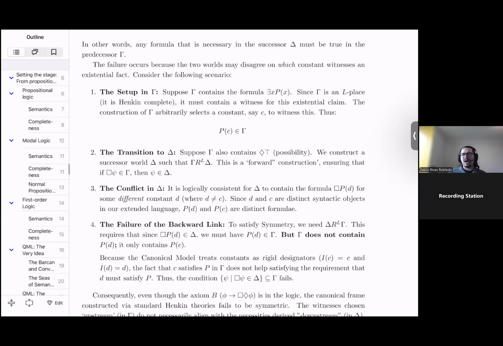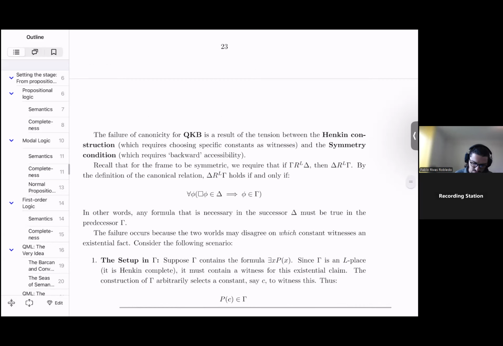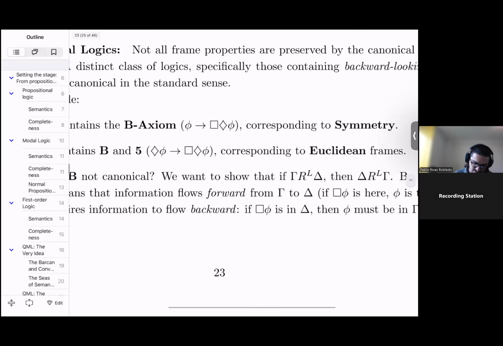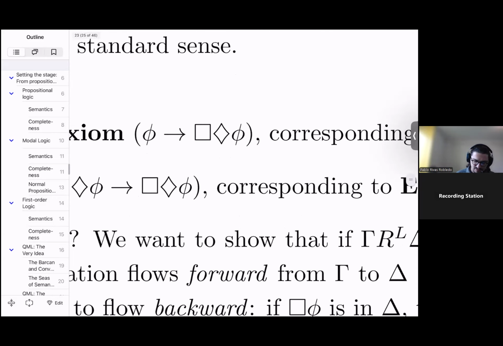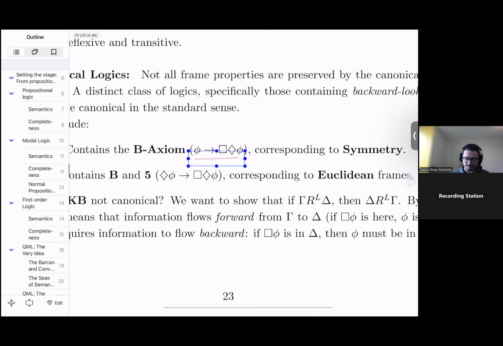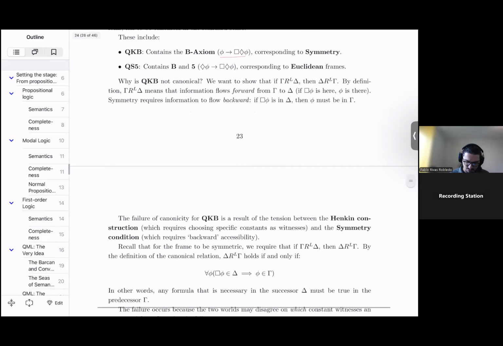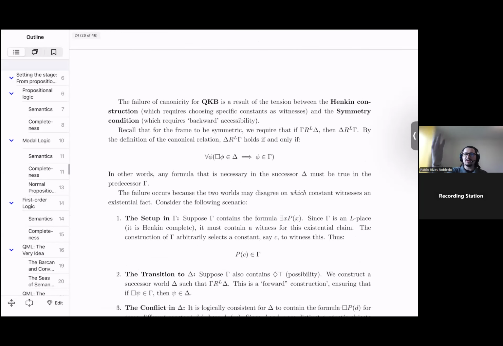And for that, we had this axiom, and the axiom is symmetry. If something is true in that world, then it is necessary that it is possible. And that basically means that for any world it can see, that world can look back.